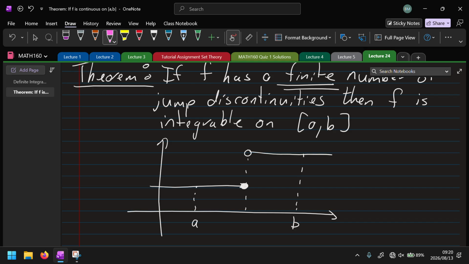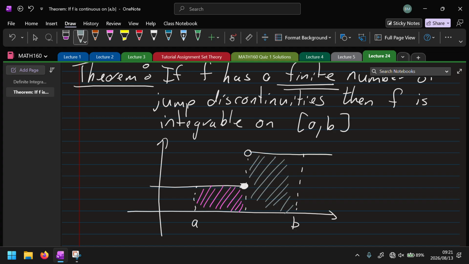Well, on the left side, it's just a rectangle. I mean, that's pretty easy to do. We can work out that area, no problem. On the right side, well, that's just a rectangle. We can work out that area. And we know from the previous example with the net area, we just add them up.